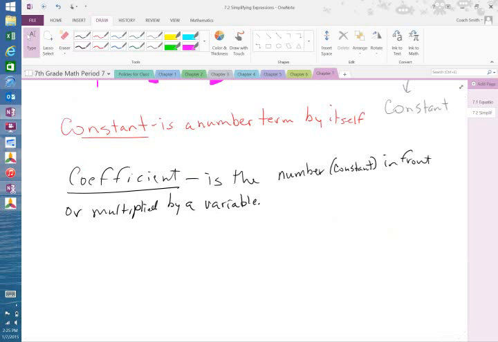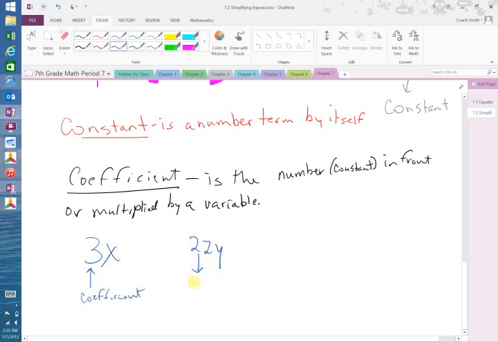So, for example, 3x: 3 would be the coefficient. 22y: 22 is the coefficient. 48ab: 48 is the coefficient. Okay, so those are all coefficients.